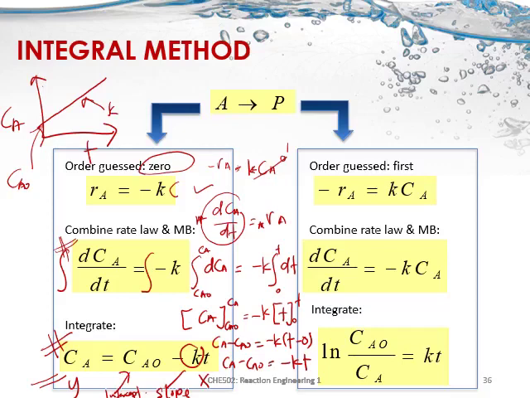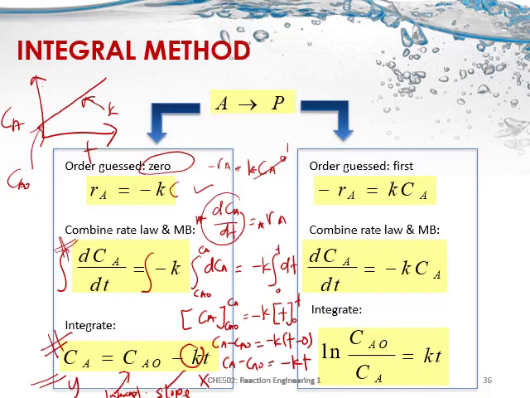You know what is a K. Then if you get a very good R square, meaning that is your K from the slope, and then it's correct to assign the order of the reaction as 0.